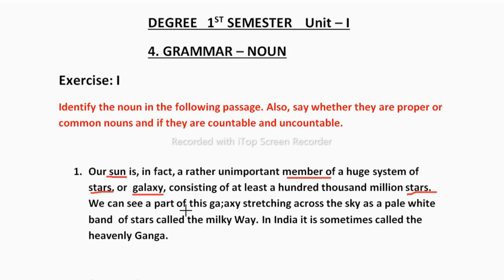We can see a part of this galaxy stretching across the sky. Again, the sky is a noun, as a pale white band of stars. Again, this is stars, and it is called the Milky Way. In India, it is sometimes called the heavenly Ganga. So the underlined words which you can see on the screen, these all are nouns.